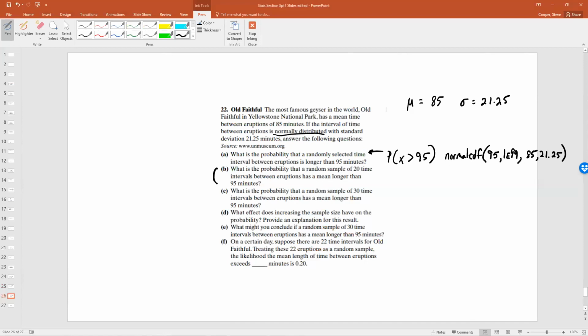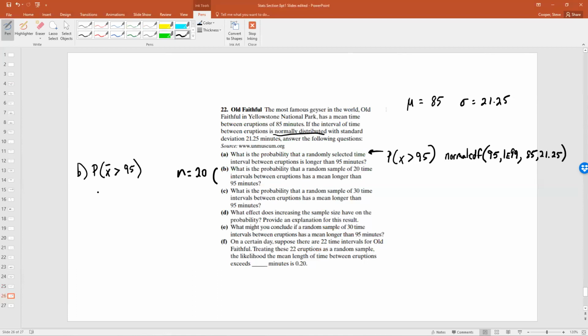Now, all of a sudden, we've got a totally different question with part B. What's the probability a random sample of 20 time intervals has a mean longer than 95 minutes? So now we've got n equals 20, and we've got a distribution of sample means. So B, the question is now, what's the probability of an x bar being greater than 95 minutes?